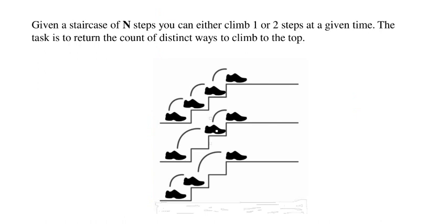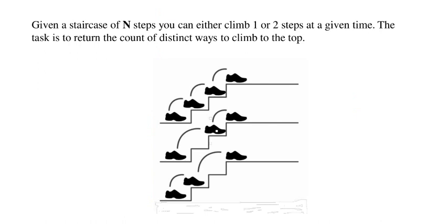Suppose, for example, in my building, when I want to go from the first floor to the second floor in my apartments, I am supposed to climb 7 steps. And now you have to tell me in how many different ways I can go to the second floor. 1 step at a time or 2 steps at a time.